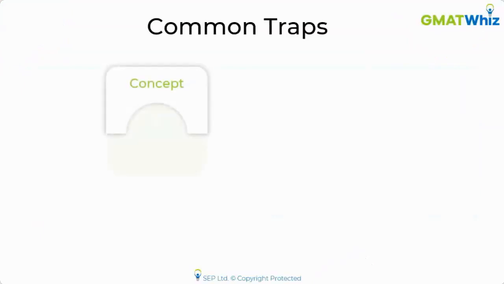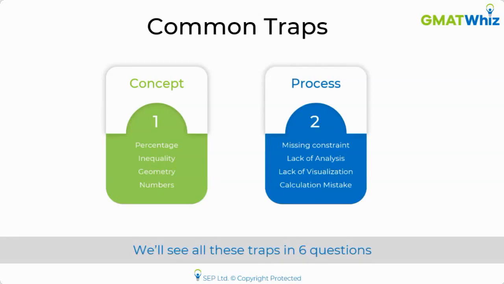Okay. Now, what are the common traps? I'm just giving you an overview of the common traps. Then we will discuss them in depth through questions. Generally, the common traps that are set on GMAT fall in 2 categories. One is the concept gaps, where certain aspects or special properties of concepts can actually be used to trick you into falling into a trap.